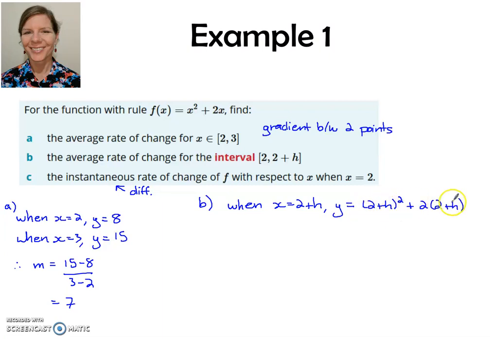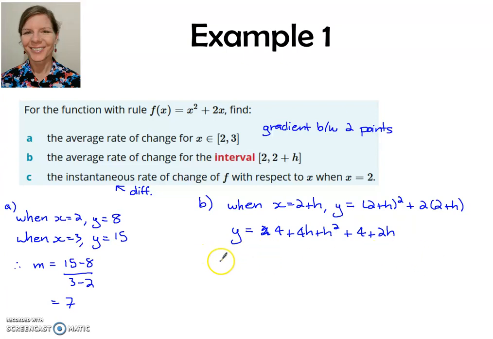So this is our x value, this is our x value. Okay. Now if we simplify that down, you end up with 4, 2 squared, plus 4h plus h squared plus 4 plus 2h.